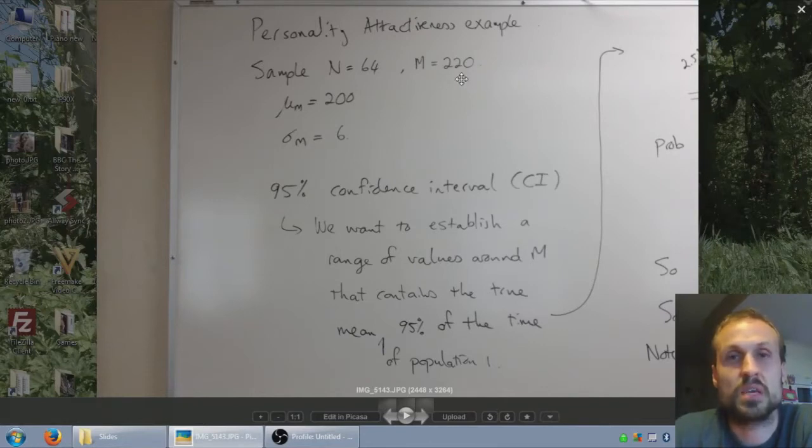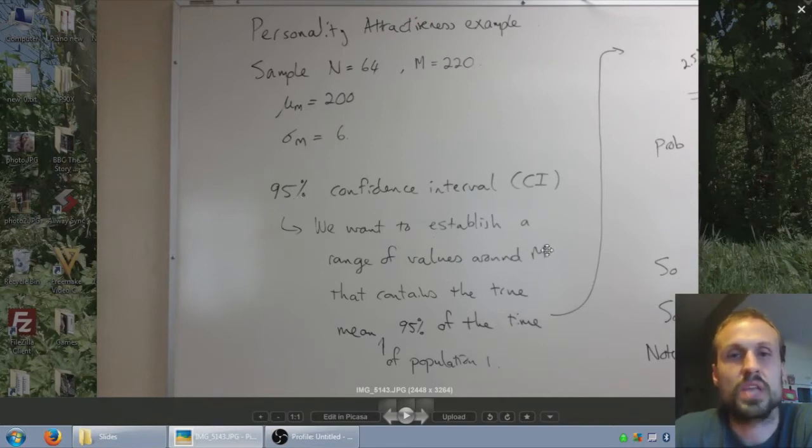That I'm now essentially comparing against my population mean of 200 to see if there is a significant increase, or if the sample suggests a shift in population 1. And I also got the standard deviation of the distribution of means to be 6. So when I talk about a 95% confidence interval, we're mainly going to focus on 95%.